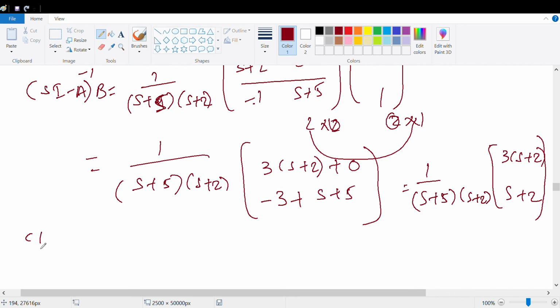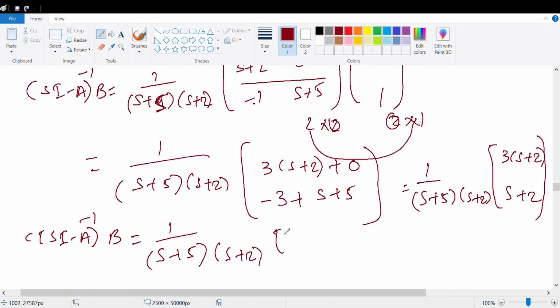So C times (sI minus A) whole inverse into B equals 1 by s plus 5, s plus 2, and C is 1 0, 3 times s plus 2 and s plus 2.